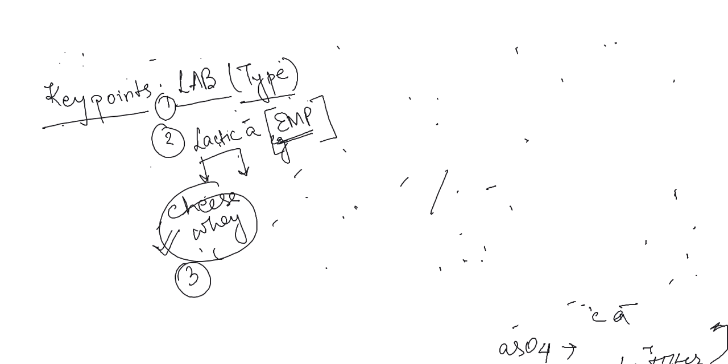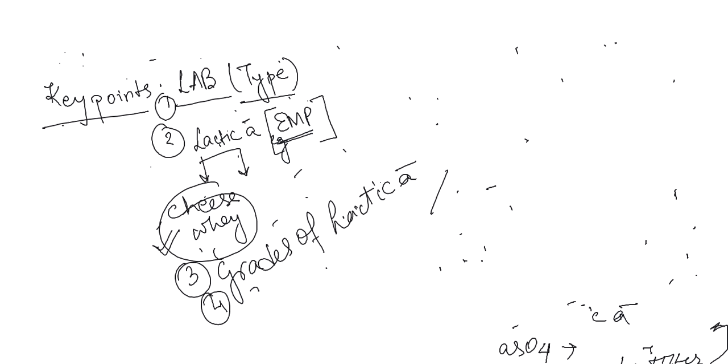The different types or grades of lactic acid: crude or technical, and edible, and then pharmaceutical, like plastic. What are the grades? Then what is the benefit of LAB? LAB can be both beneficial as well as harmful.